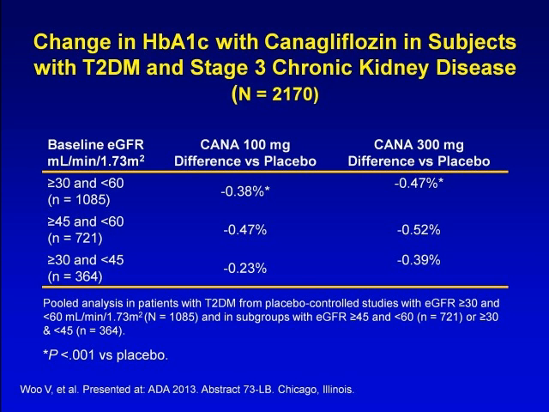Similar data have been obtained with the other SGLT-2 inhibitors, and in fact, the efficacy of dapagliflozin with an eGFR less than 60 is not very strong, and according to the package insert, that drug should only be used in patients who have an eGFR greater than 60.